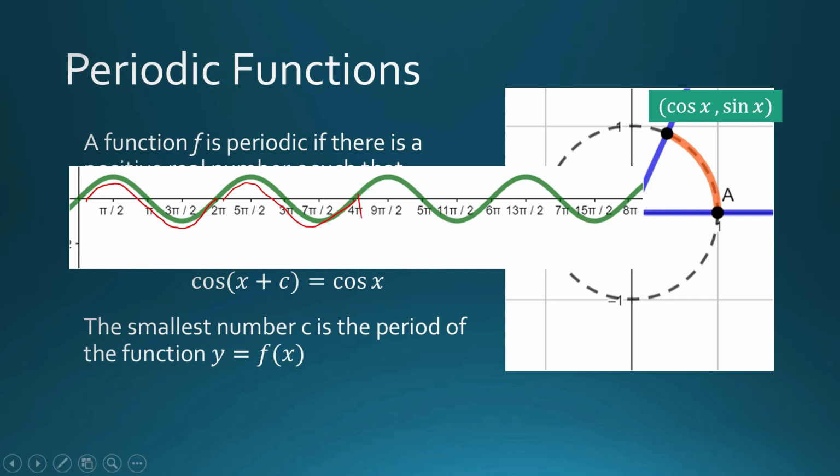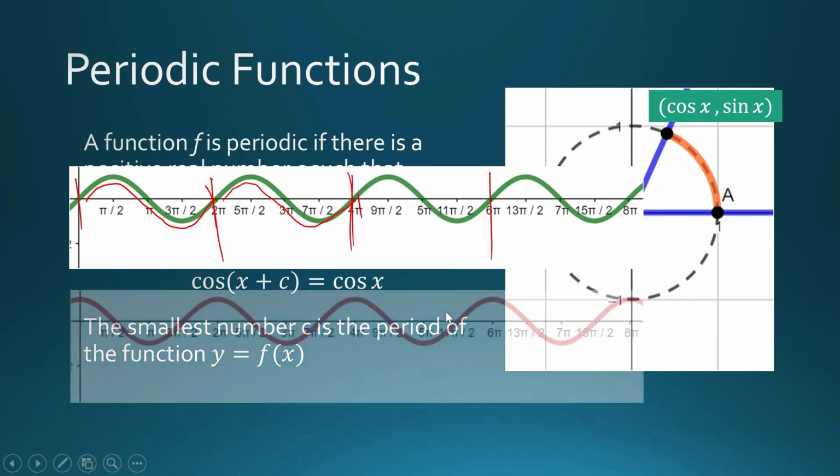From 0 to 2 pi, that's 2 pi. From 2 pi to 4 pi, that's another 2 pi. From 4 pi to 6 pi, again, the length of that interval is 2 pi. So every 2 pi, you are repeating the graph of your function y is equal to sine of x.